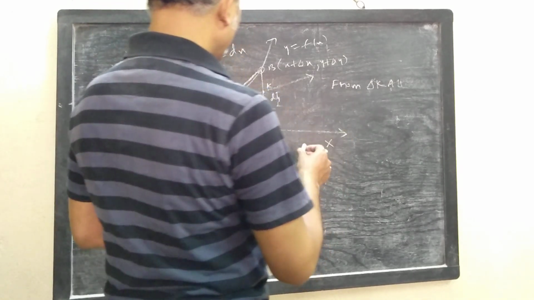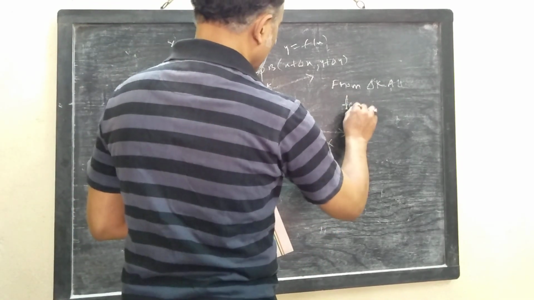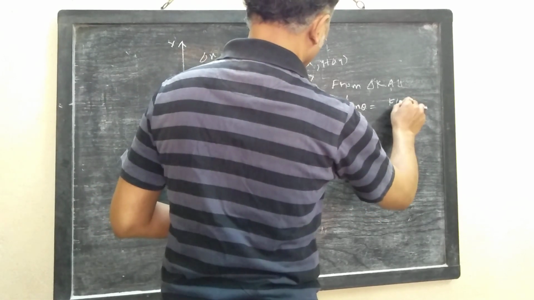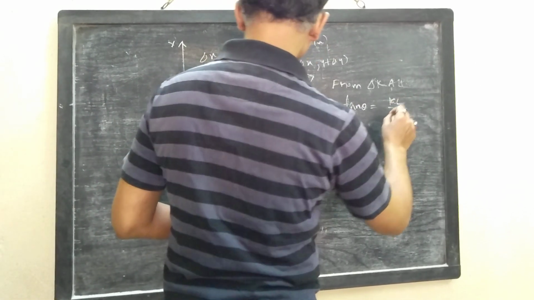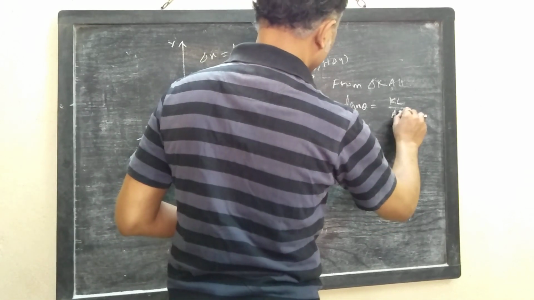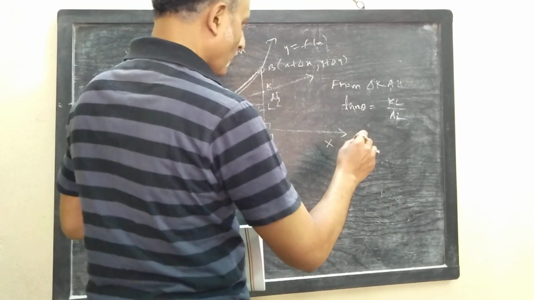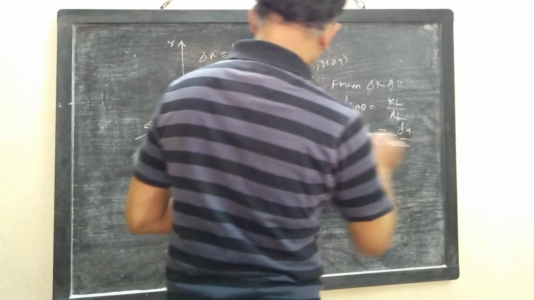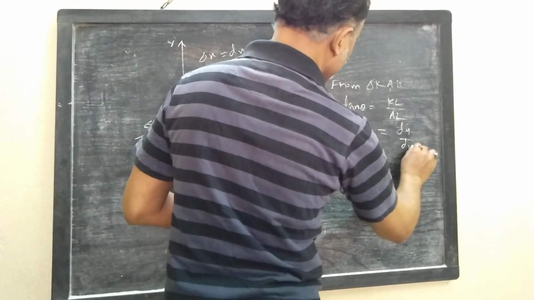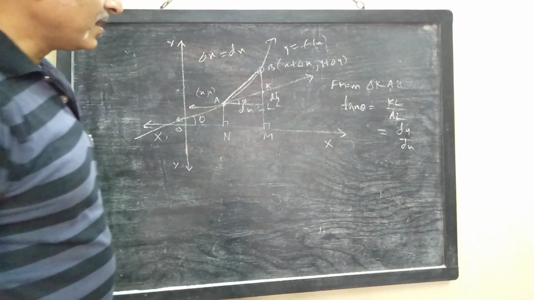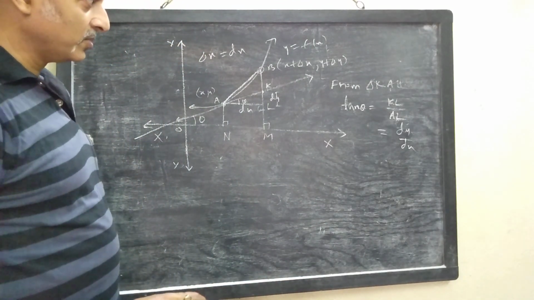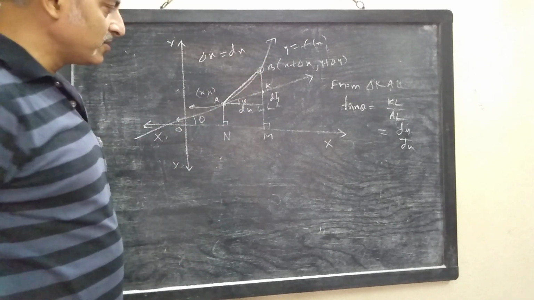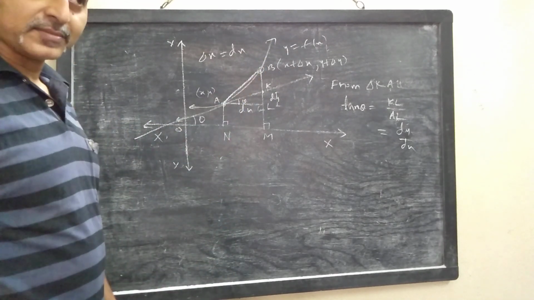So from triangle KAL, your tan theta becomes KL by AL. Now KL is dy, AL is dx. So your tan theta becomes dy by dx, which represents the slope of the tangent to the given curve y equals f(x) at any point (x, y).